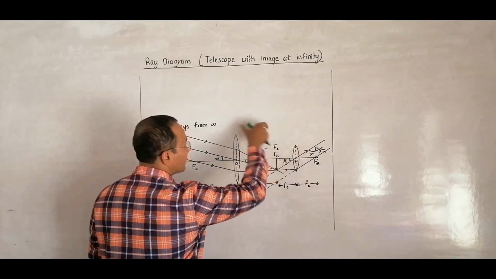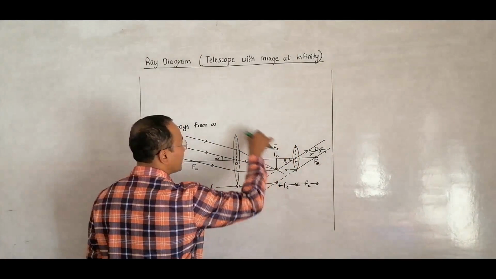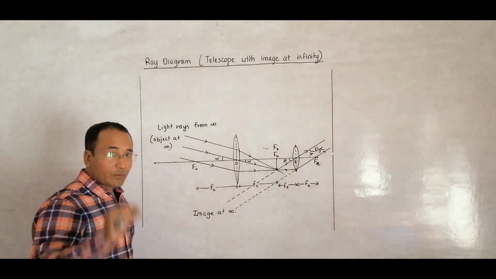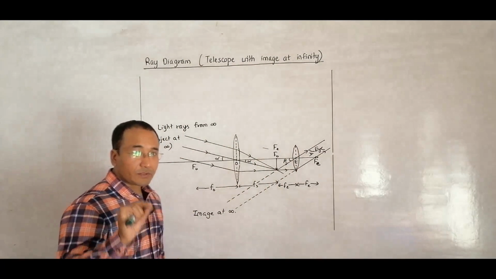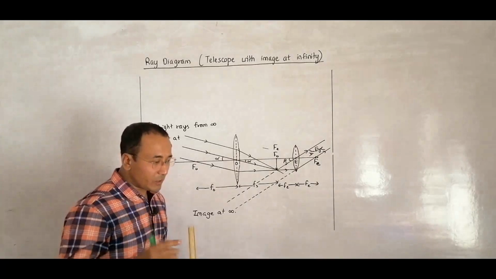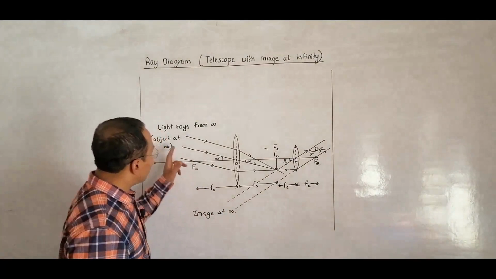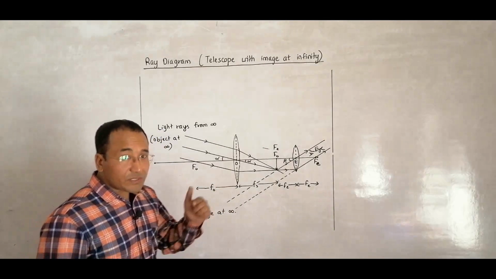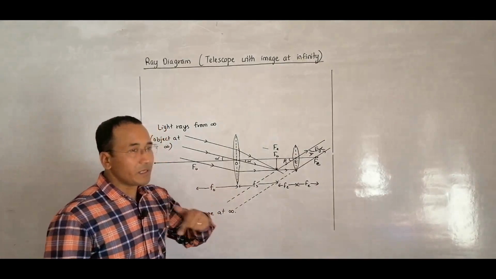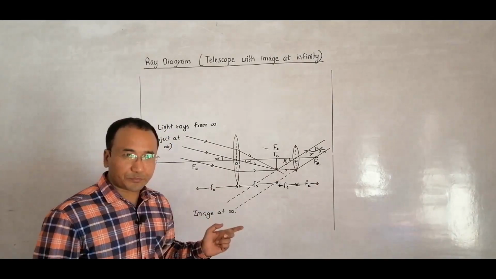This base is small, this base is large. So that means this angle should be large, and this angle should be small. And when the visual angle is large, the object appears to be large. And that's how we see magnification. So that's why in a telescope, though the images are at infinity, the visual angle of the rays entering our eyes is increased. And that gives us a sensation of magnification.